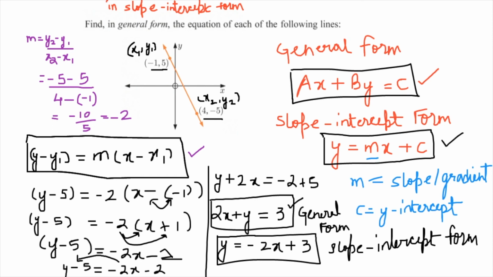After getting the equation, you can do a little bit of rearrangements as needed and get the general form like this, and the same can also be converted to slope intercept form. If in any question it is not mentioned in which form the equation is asked, you can get your answer in any form. But if it is specifically, explicitly asked in one of the forms or both the forms, then you've got to show it like this. So we are done with the question.